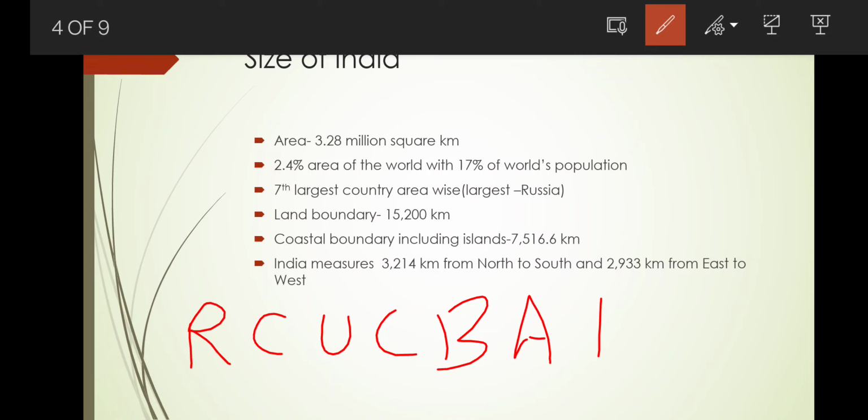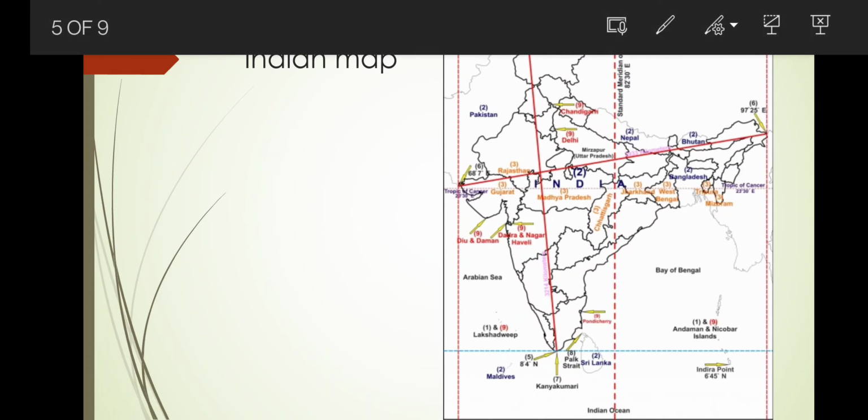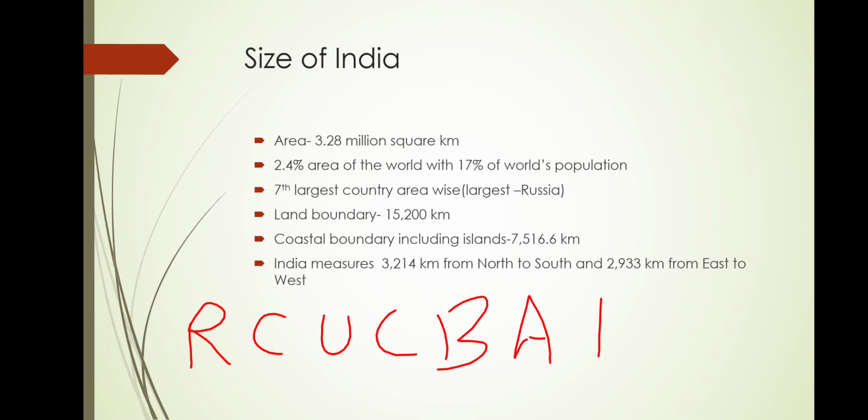Okay, next we have the land boundary of India. If you see the land boundary, this part is going to be known as the land boundary. So this land boundary is quite lengthy. It is around 15,200 kilometers.